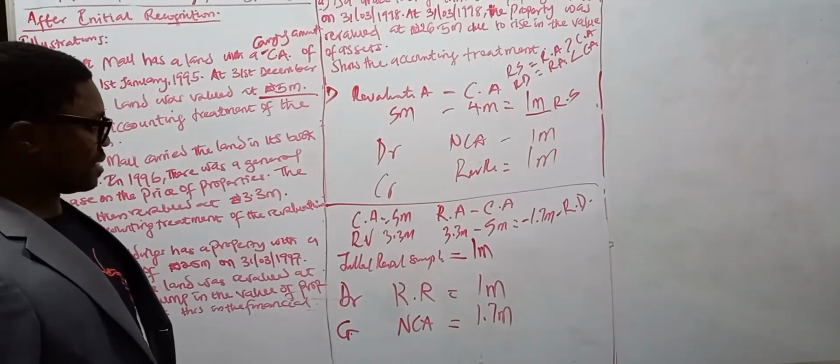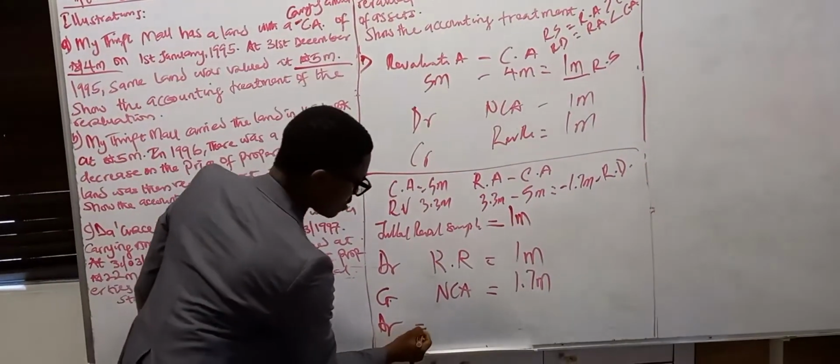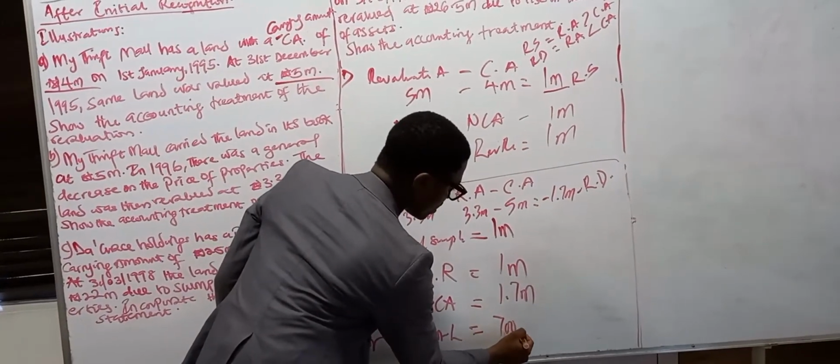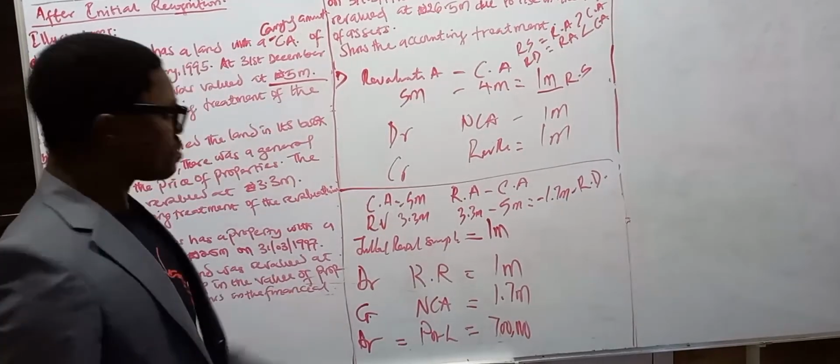700,000 naira is left here. We now debit profit or loss with 700,000 naira. What will be the journal entry for this?